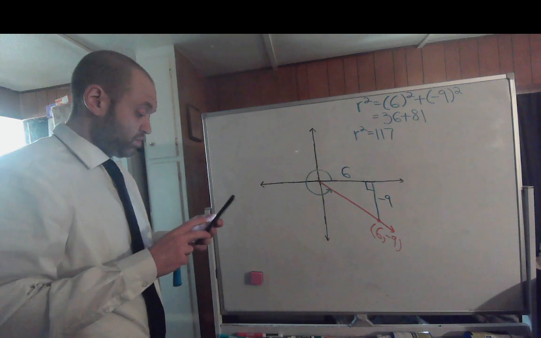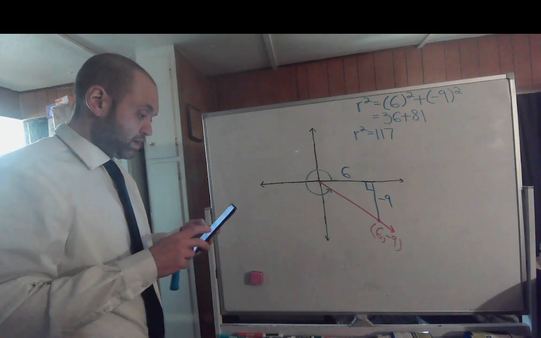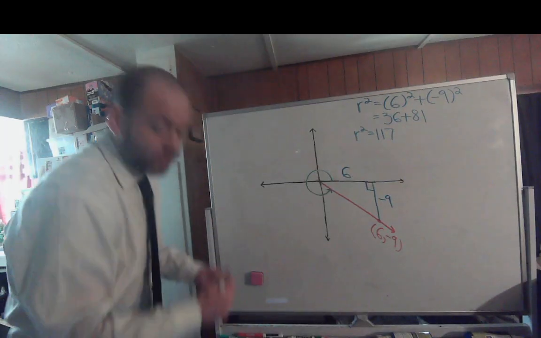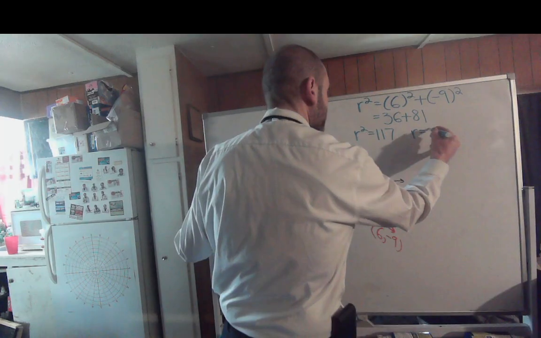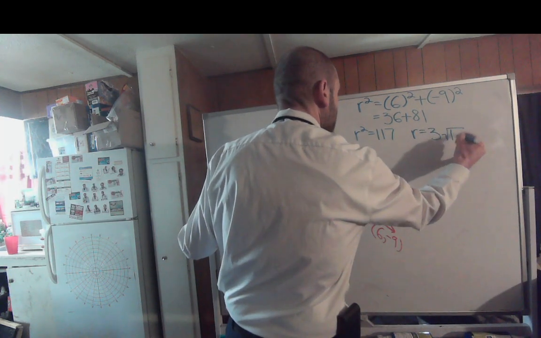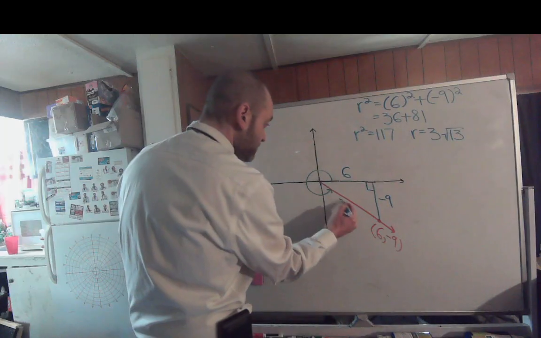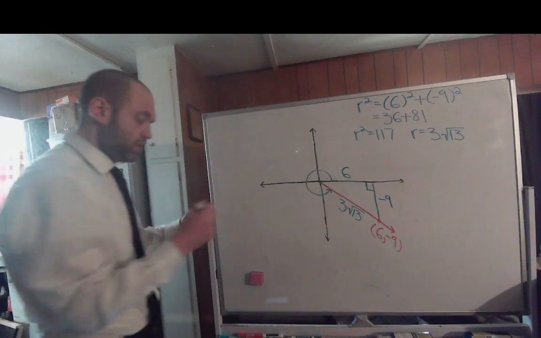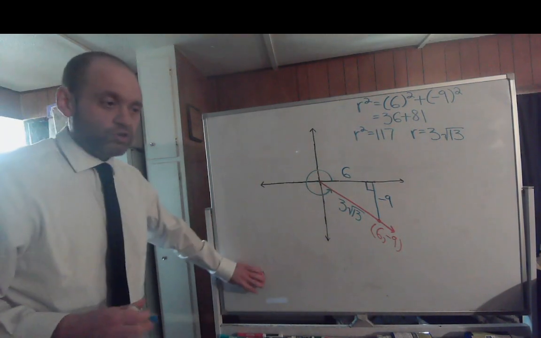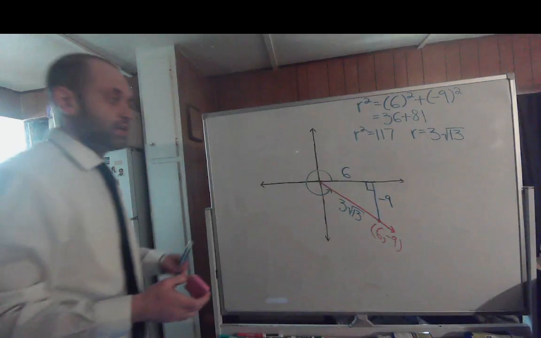The radius squared. It breaks down into the square root of 9 times the square root of 13, which means the radius would equal 3 times the square root of 13. Alright, so here's our radius of 3 times the square root of 13. A little bit of a radical, but not the worst thing I've ever seen.